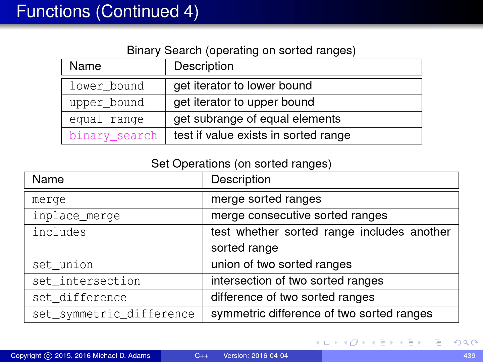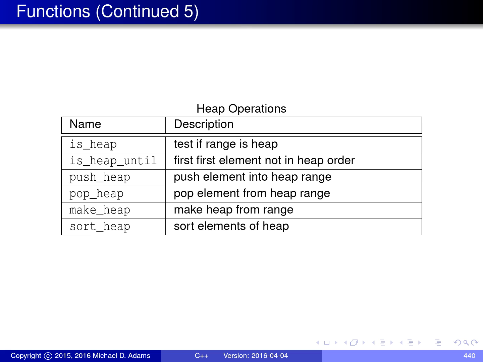Again, on this slide, we're continuing with our list of functions or algorithms in the standard library. There are some functions for doing binary search operations, such as binary search, which checks if a value exists in a sorted range. There are set operations, like merging and set union, intersection, set difference, and so on. The standard library also provides a number of different functions for maintaining heaps.